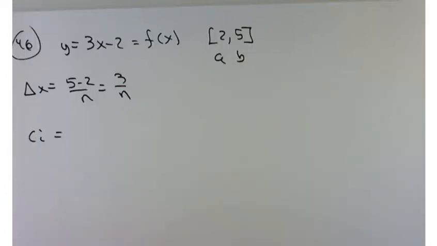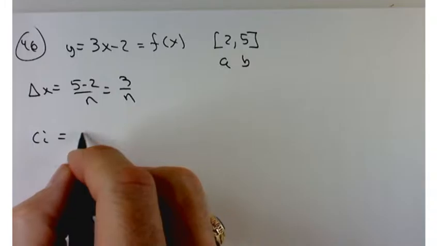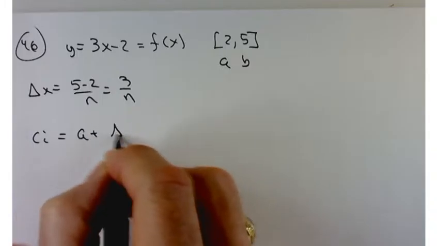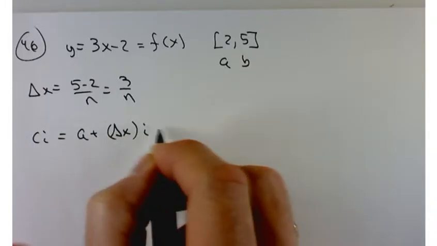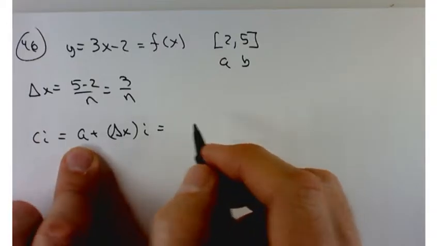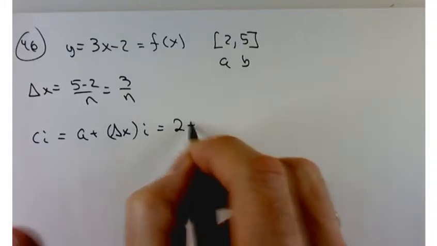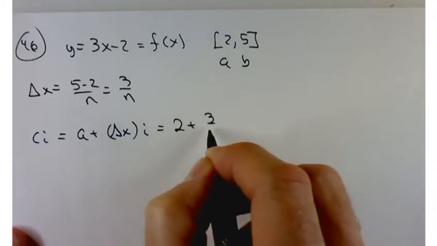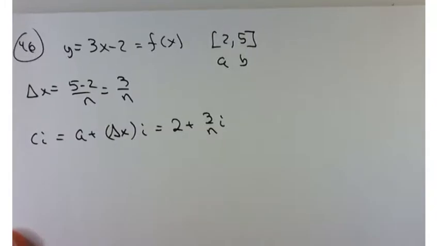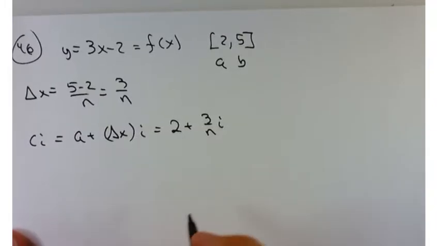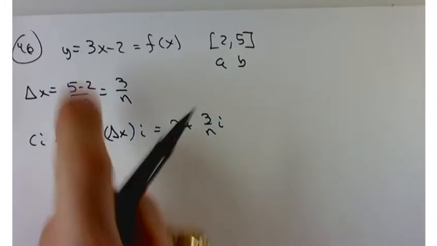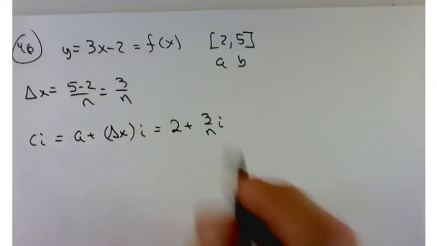c sub i, though, is going to be a little bit more cumbersome. Remember, it's going to be a plus delta x times i. a is no longer 0, which is a little bit annoying. It's going to be 2, so 2 plus 3 over n times i. And I need to plug that into my expression for f.